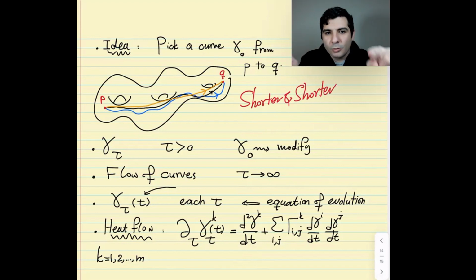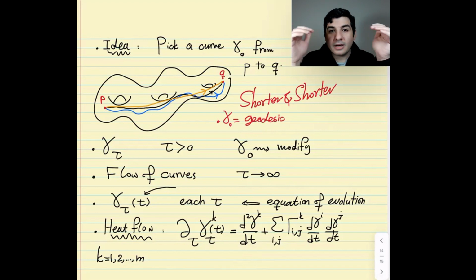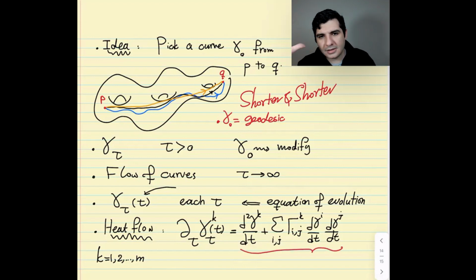So this gives you the direction in which you should be modifying your curve. And as you do this, your curve in fact becomes shorter and shorter. What happens if you start with a geodesic? If the curve you start with is a geodesic, the right-hand side is 0. The right-hand side is exactly the equation we saw for a geodesic.